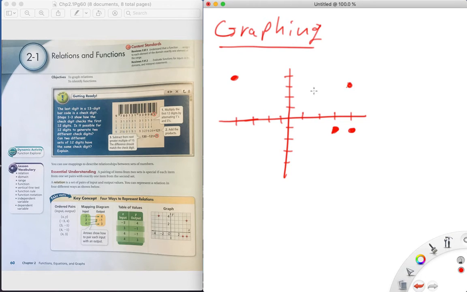So it'll look like that. So that's another way of showing a relation. So: ordered pairs, mapping, table, graphing.